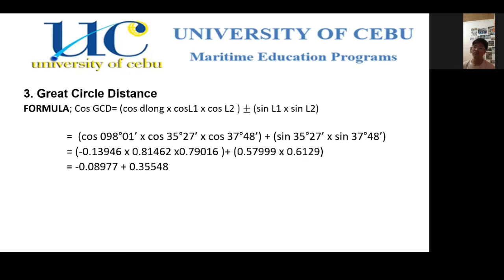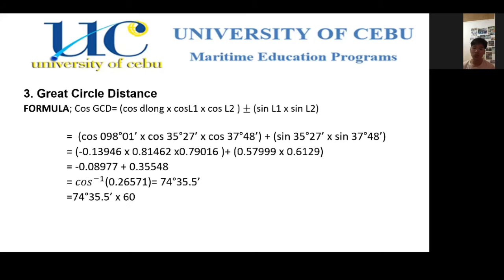0.977 plus 0.35548 from different equations. So since we have cosine of the great circle distance, we need to reverse it, reverse cosine. Reverse cosine of 0.2657 is equal to 74 degrees 35.5 minutes.